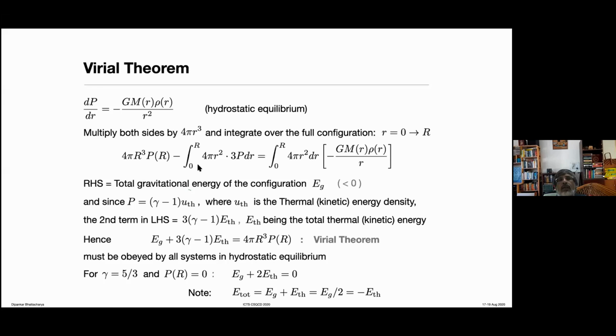And on the left-hand side, we note that pressure is related to the thermal energy density of the gas. And it can in fact be written as gamma minus 1 times thermal energy density, where gamma is the ratio of specific heats. So I can replace capital P by gamma minus 1 times U thermal.